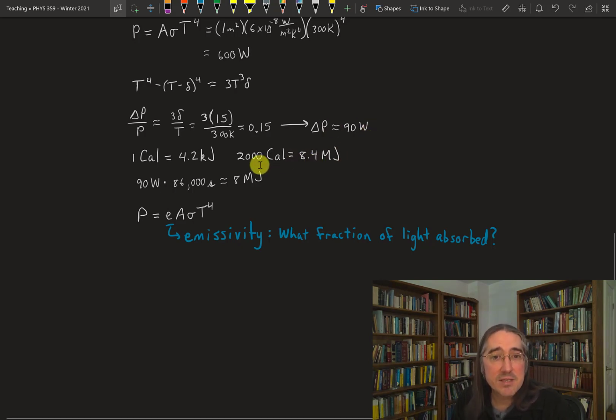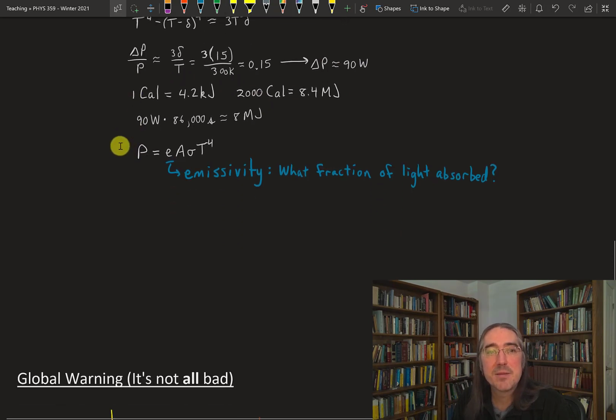Okay, last comment to make about blackbody radiation in this context is that the power radiated, we said A sigma T to the 4. There's something else we need to include when we want to talk about how this happens in the world, which is this emissivity. Emissivity is what fraction of light is absorbed. Okay.